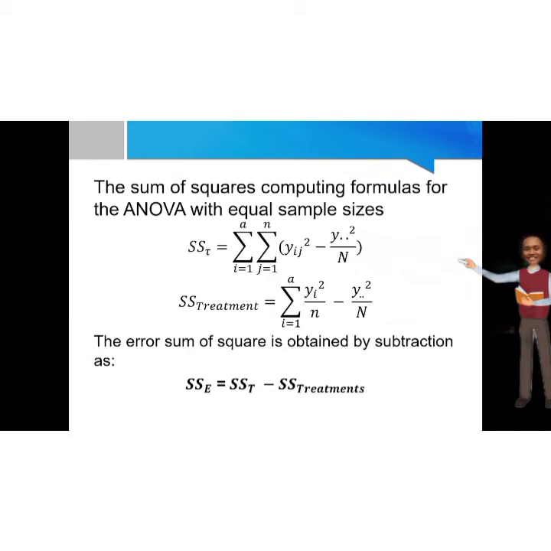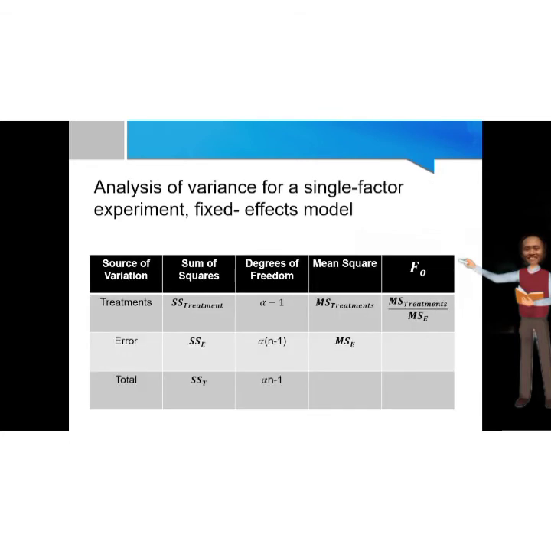SST is equal to the summation of i equals 1 to a and the summation of j equals 1 to n of y_ij squared minus y.. squared divided by N. And the SS treatments is equal to the summation of i equals 1 to a of y_i. squared divided by n, minus y.. squared divided by N. The error sum of squares is obtained by subtraction: SSE is equal to SST minus SS treatments.